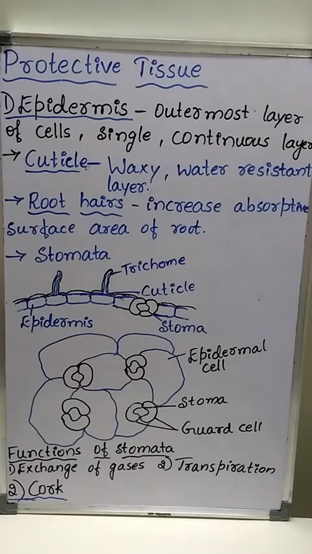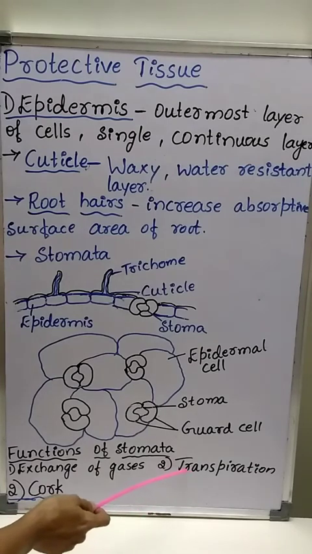The plant takes carbon dioxide from the atmosphere and releases oxygen to the atmosphere. So the exchange of gases like carbon dioxide and oxygen takes place through the stomata. This is one function.